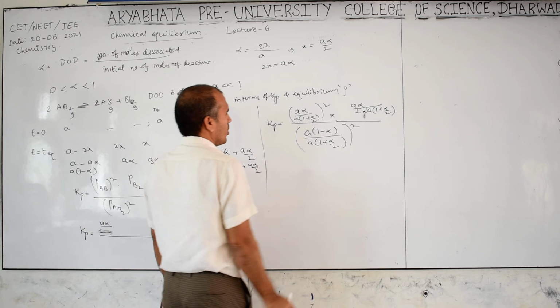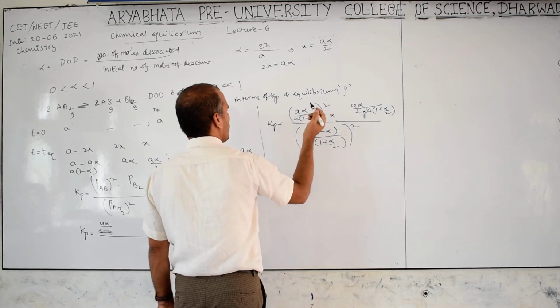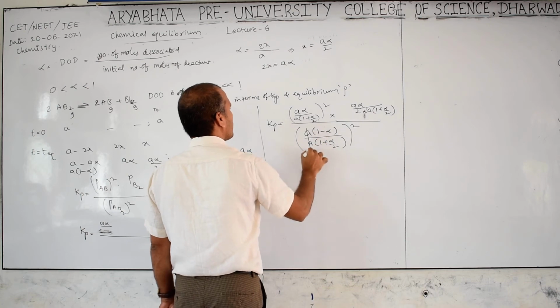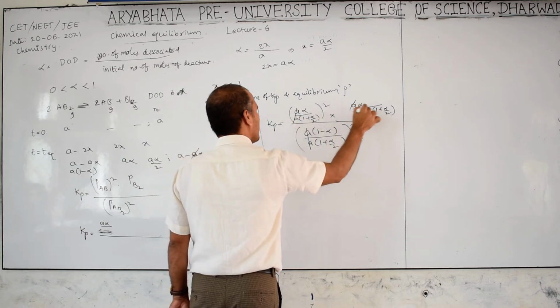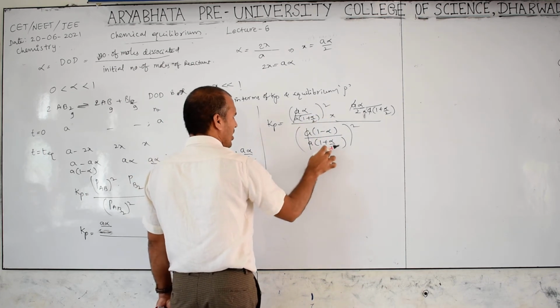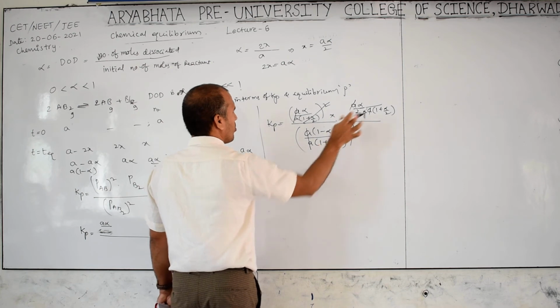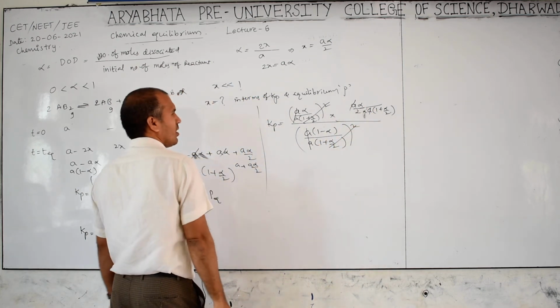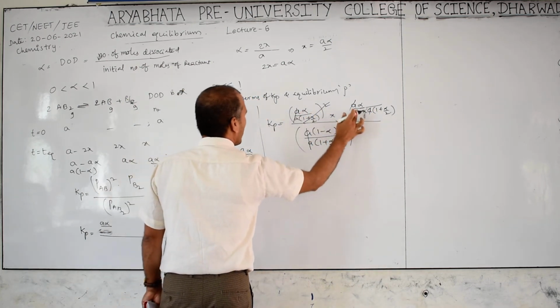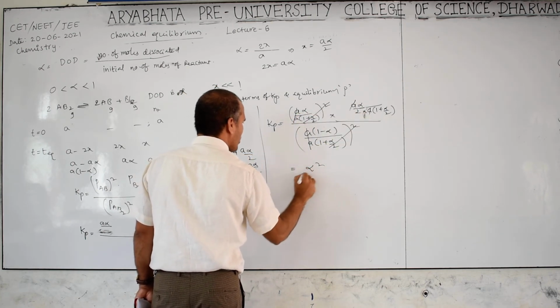Okay, here 2 times is there, here 2 times is there, so this cancels, this cancels, this cancels. So 1 plus alpha by 2, 1 plus alpha by 2, here 2 times, here 2 times, cancel, 1 time left. Then numerator, what is left here? Alpha into alpha, alpha square.